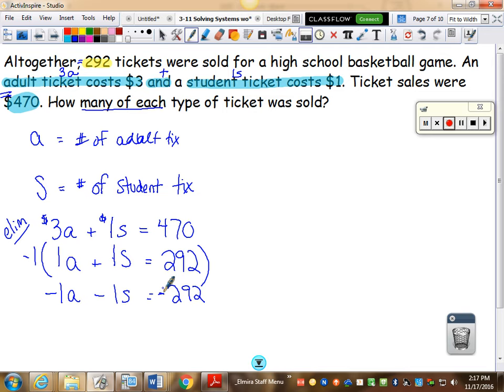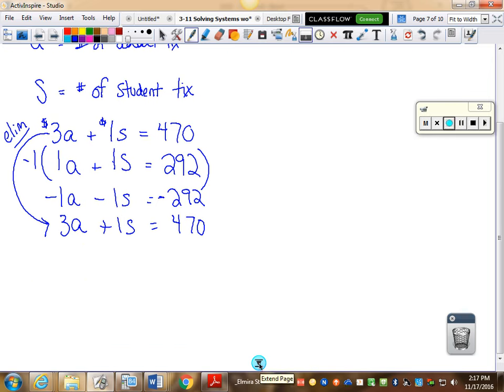And the top equation is the one I want to work with, so I need to carry it down underneath so that the two equations I'm working with are stacked on top of each other. Now, because I multiplied that equation by negative 1, I've made a negative 1 here, I have a positive 1 here, and I can cancel.